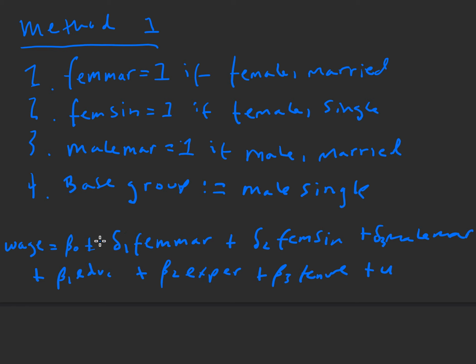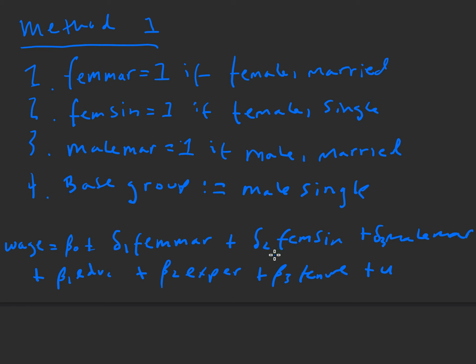What delta 1 represents is the average difference in earnings between female married and male single, because male single is the base group. Delta 2 represents the average difference in earnings between female single and male single, all else equal.